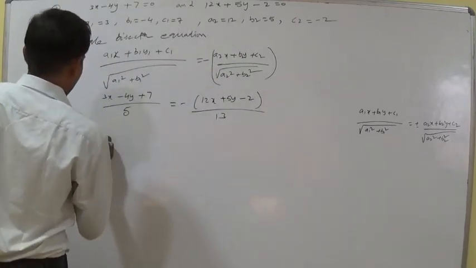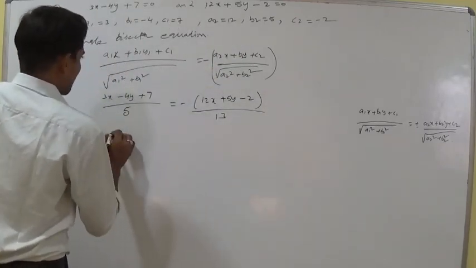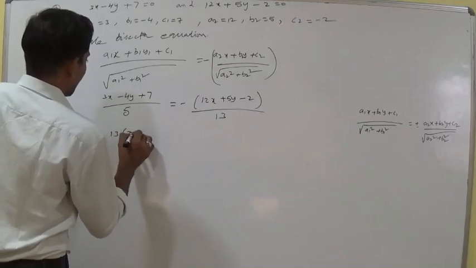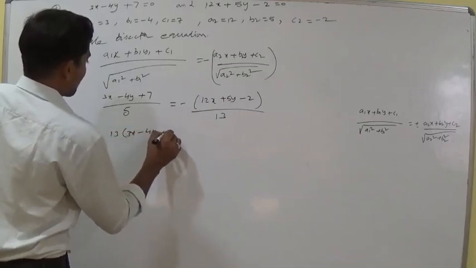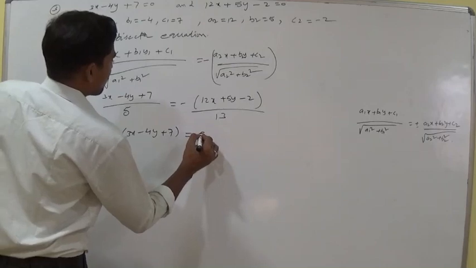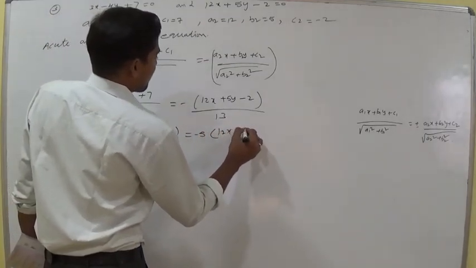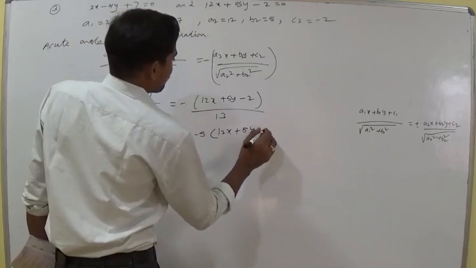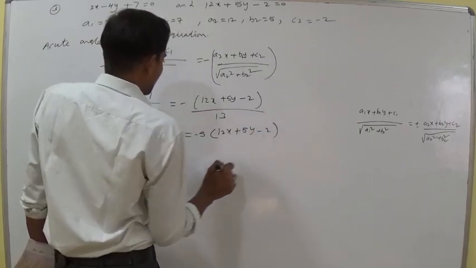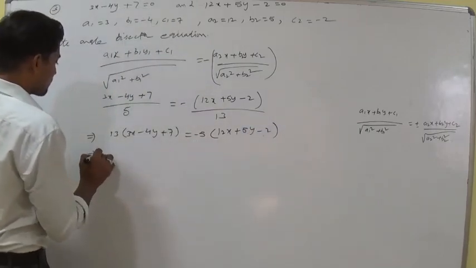Now this implies 13 into (3x minus 4y plus 7) equal to minus of 5 into (12x plus 5y minus 2).